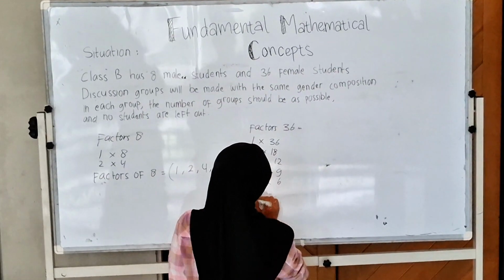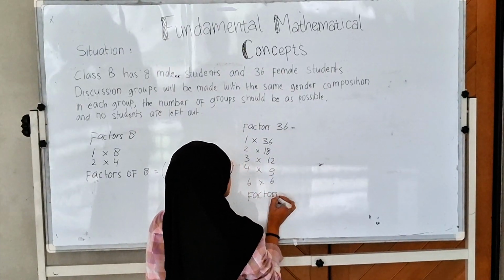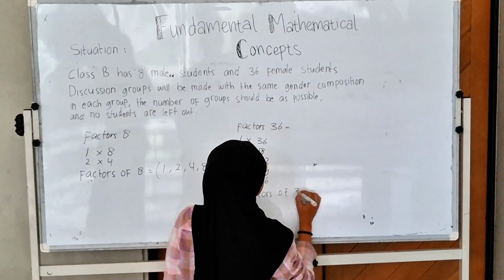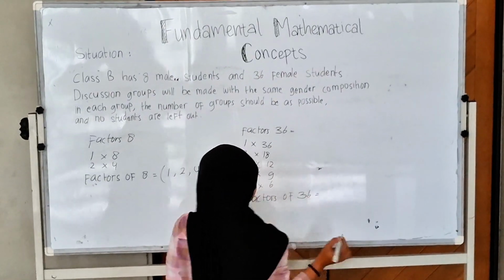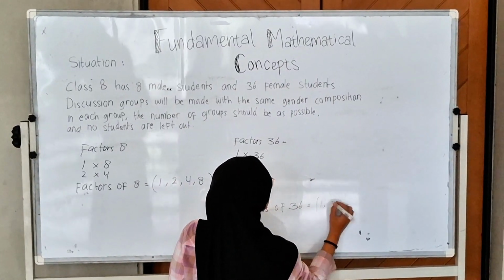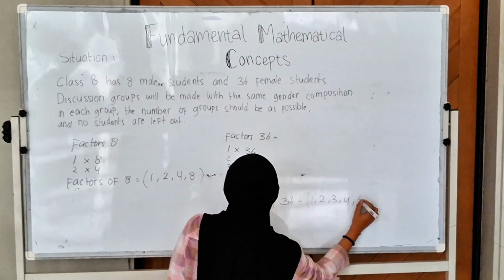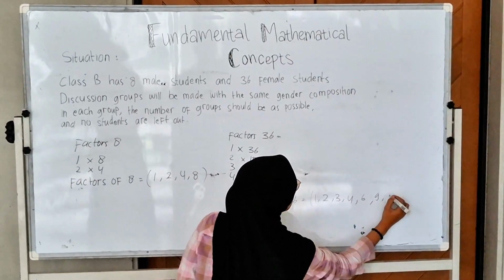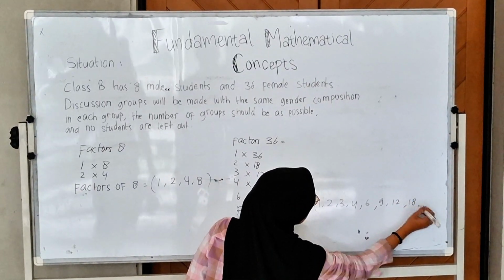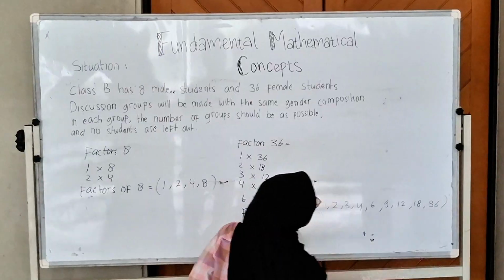So, the factors of 36 are 1, 2, 3, 4, 6, 9, 12, 18, and 36.